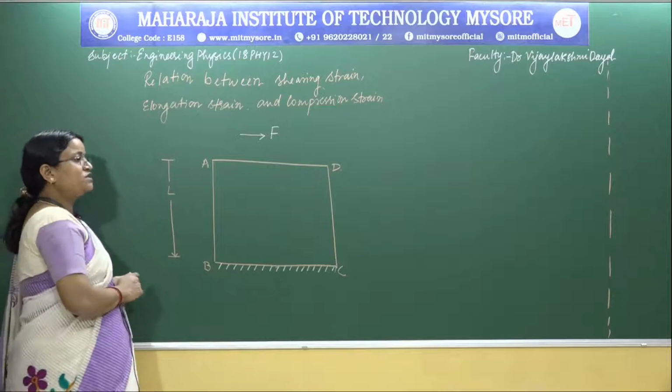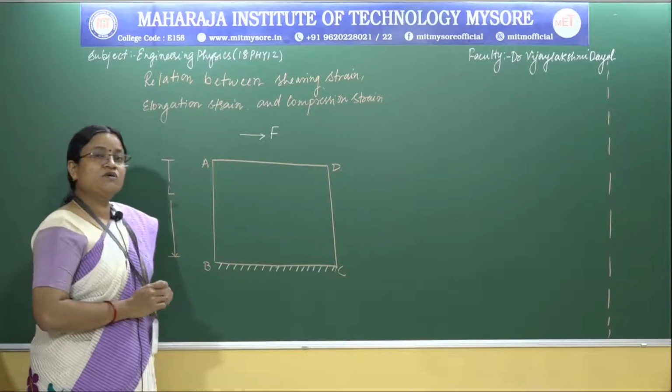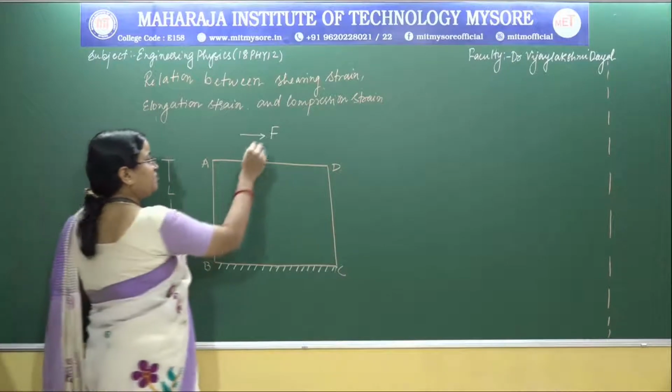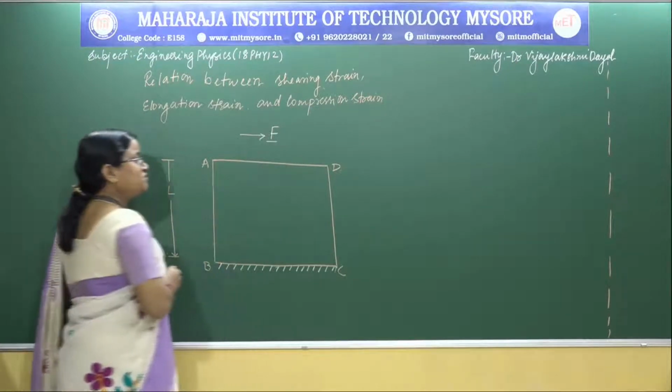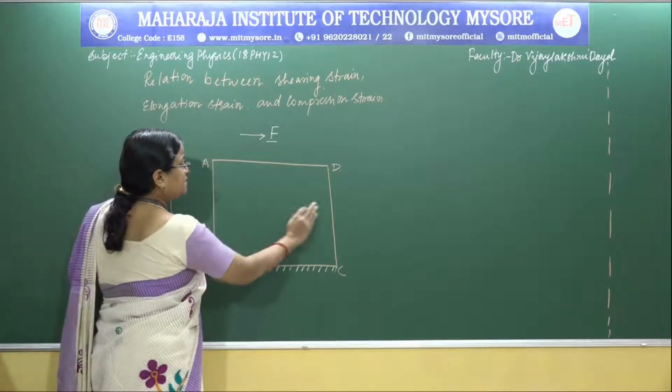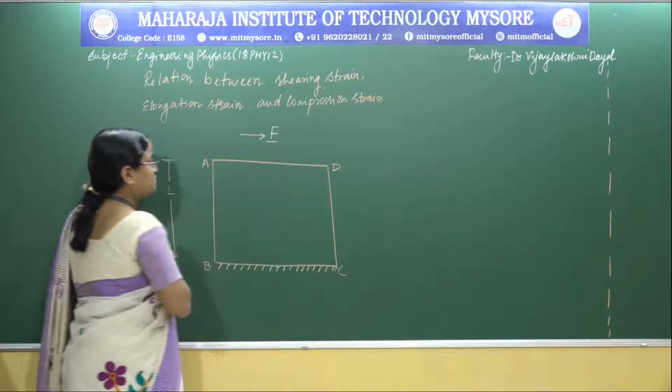As we understood in the previous class about the rigidity modulus, if we apply the force tangentially to the surface, then there is layer by layer shift on the surface of the cube.